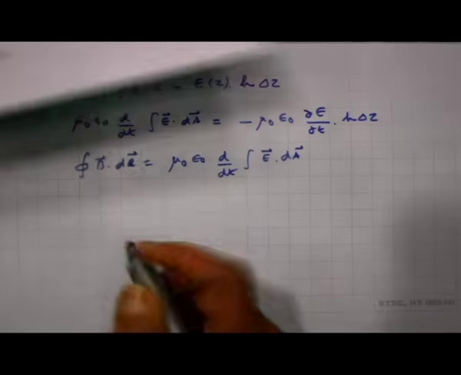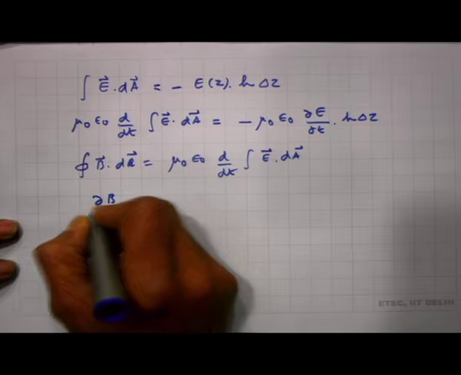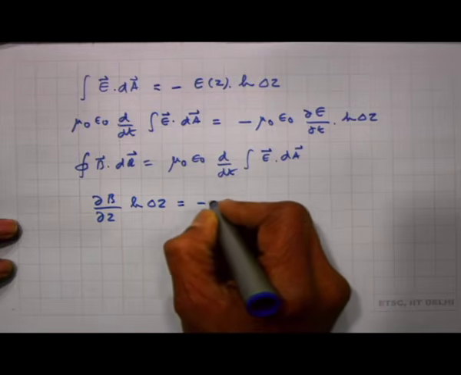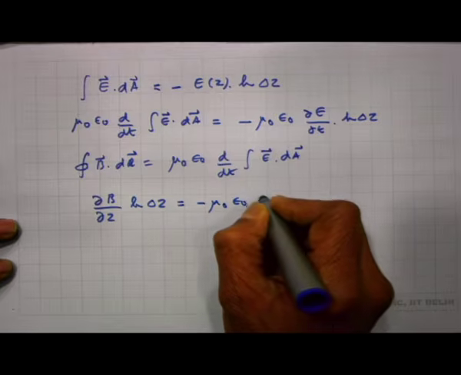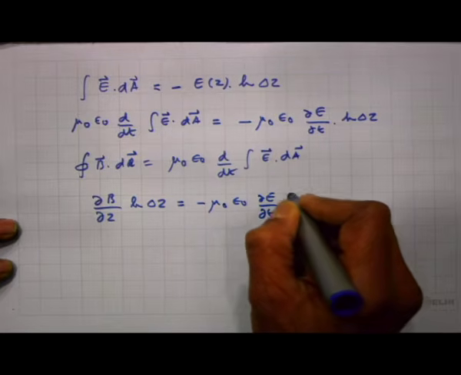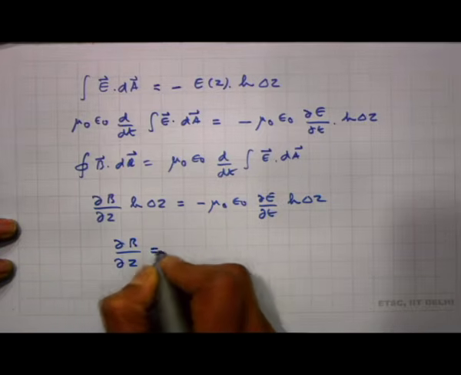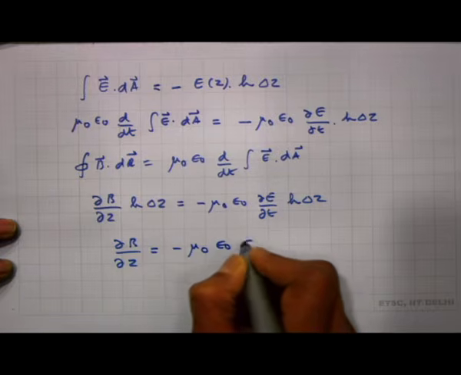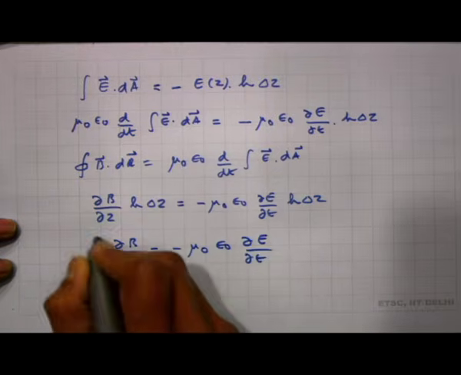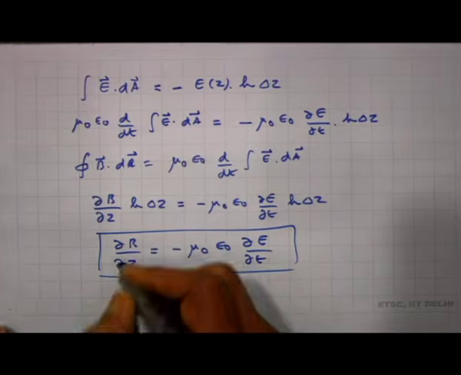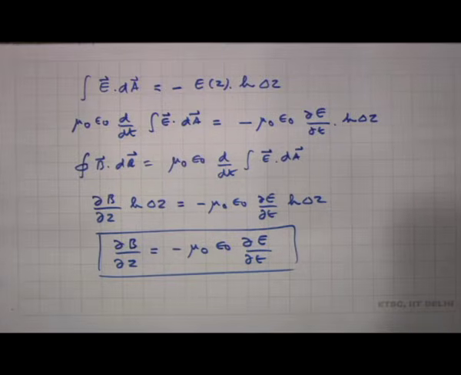So, the B dot dl integral is del B by del z h delta z, which is equal to minus mu naught epsilon naught del E by del t h delta z, which implies del B by del z is equal to minus mu naught epsilon naught del E by del t. So, just like I had an equation relating del E by del z and del B by del t, I have another relationship between del B by del z and del E by del t.